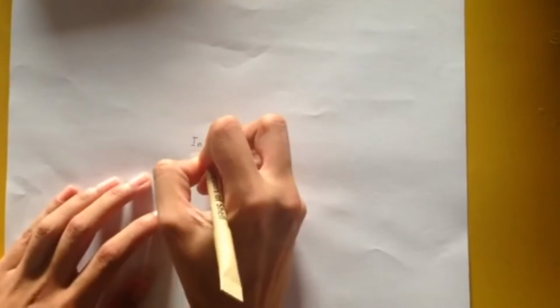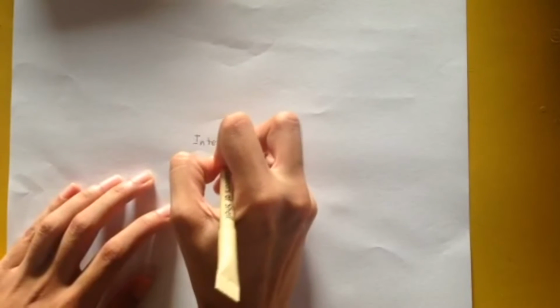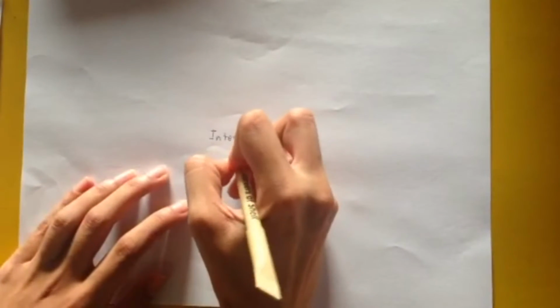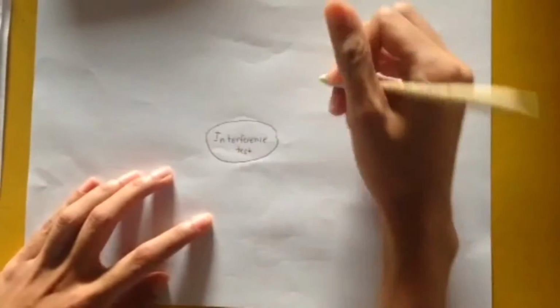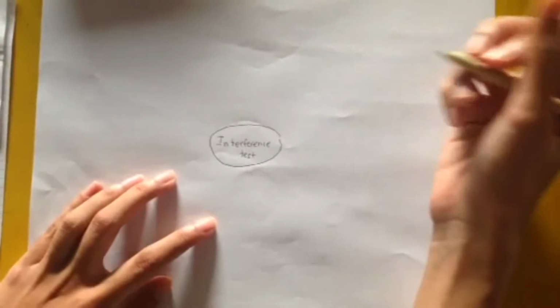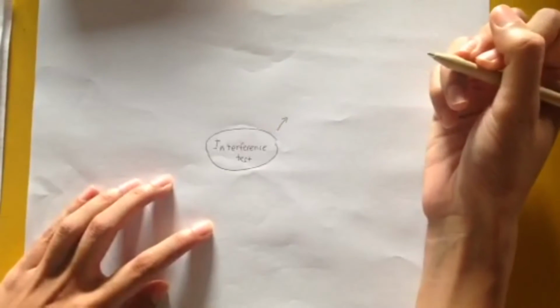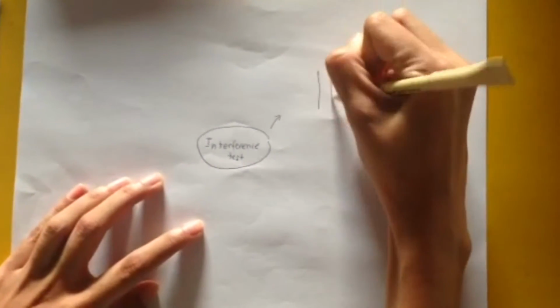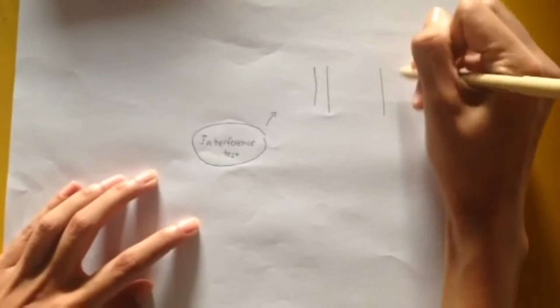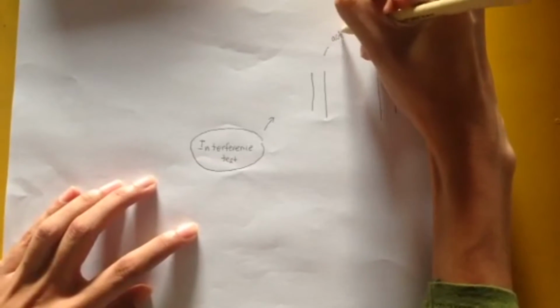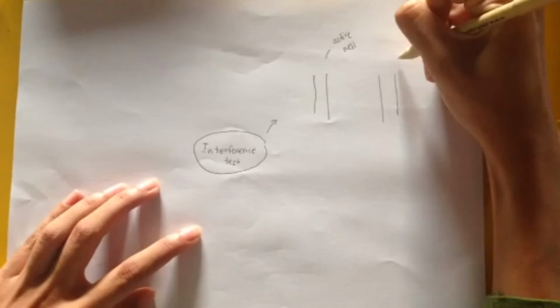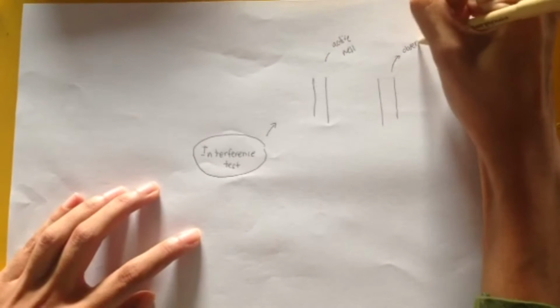So now we start with the interference test function. Union already explained how it works, but I'm going to go through it again. Imagine this is the active well, and the other one is the observation well.